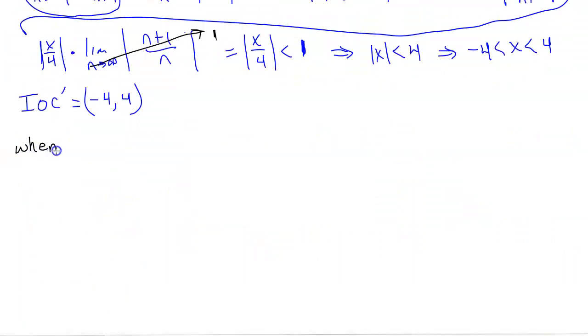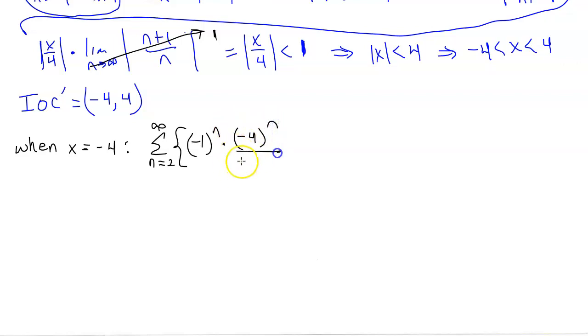All right, so we're going to go ahead and check out when x is equal to -4. We're going to use our series here. So we have this particular series here, and we're going to have a -1 raised to the n times, in this case, a -4 raised to the n over 4 raised to the n times natural log of n. Okay.